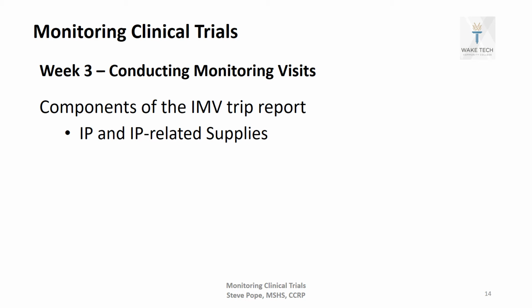Are there temperature logs that are kept for the refrigeration to make sure that the temperature does not go outside the required range of temperatures? These are all things related to investigational product and investigational product related supplies that you'll review at each of your monitoring visits.